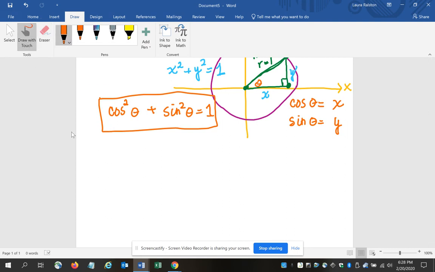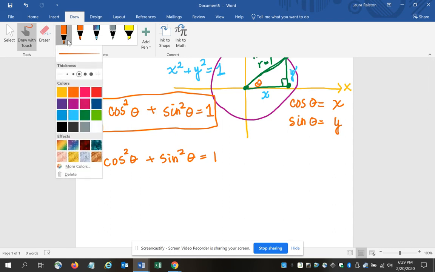I have cosine squared theta plus sine squared theta equals 1. And I'm going to divide everything by cosine squared.